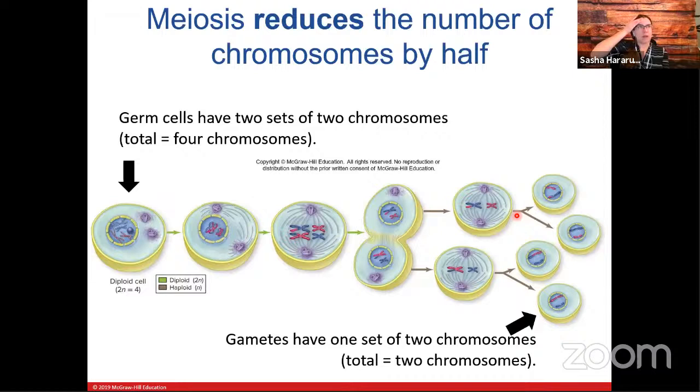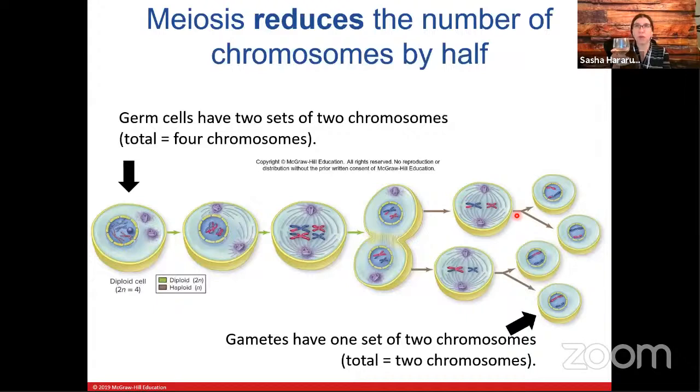So the bottom line is meiosis reduces the number of chromosomes by half. Germ cells have 2 sets of chromosomes. Let's say the genotype of this particular cell consists of 2 pairs of chromosomes, so the total number is 4. But after full meiosis, gametes have only 1 set of the 2 chromosomes. So in total, gametes will have 2 chromosomes.